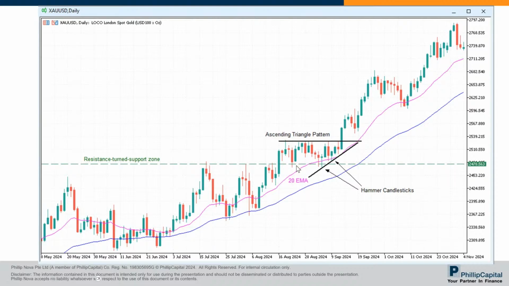So the first signal here is the price is in an uptrend because it's above the EMAs. The second signal here is the price is forming an ascending triangle pattern, which is a bullish continuation pattern. The third signal that we are observing is that the wicks are very long here.